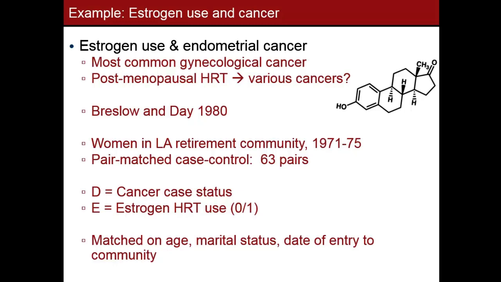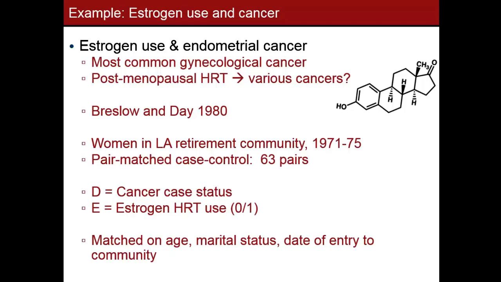A classic example for demonstrating this is an analysis by Breslow and Day of hormone replacement therapy in postmenopausal women being associated with endometrial cancer. There were a number of studies in the 70s and 80s looking at hormone replacement therapy in a variety of gynecological cancers, and this one is looking at endometrial cancer.